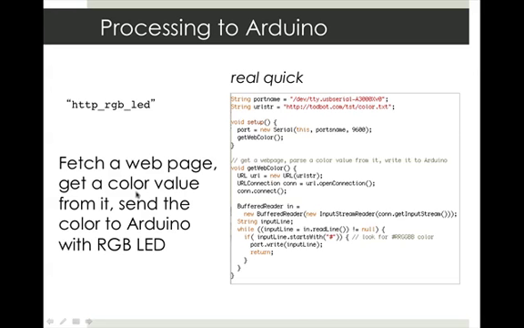When the Arduino gets this value through the serial port, it is going to set the PWM, or pulse width modulated, values of each component, the red, green and blue components, thereby producing different colors. So this is an application where you have a file on the internet which specifies a particular color or a sequence of colors.